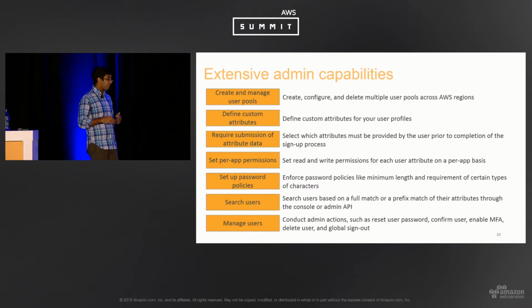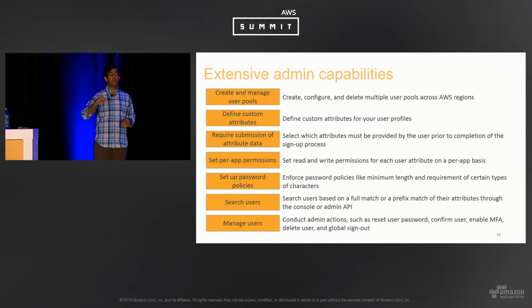In addition, we have this set per app permissions concept. You're allowed to create multiple apps against 1 user pool. What that allows you to do is allow your users to sign in with the same credentials to each one of those apps, because on the back end, there's just 1 user pool.